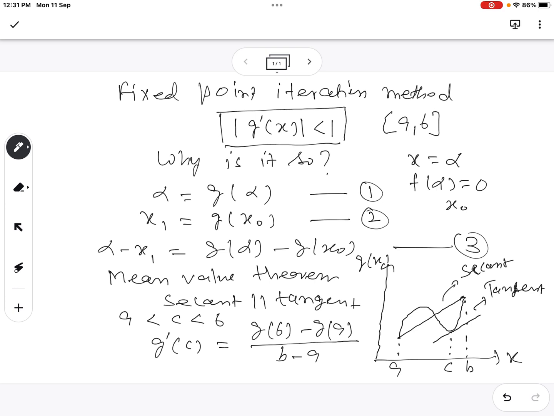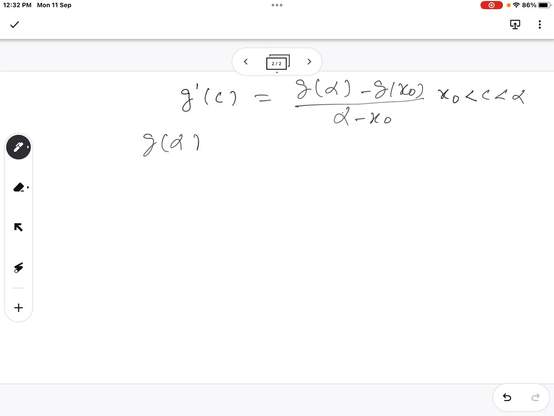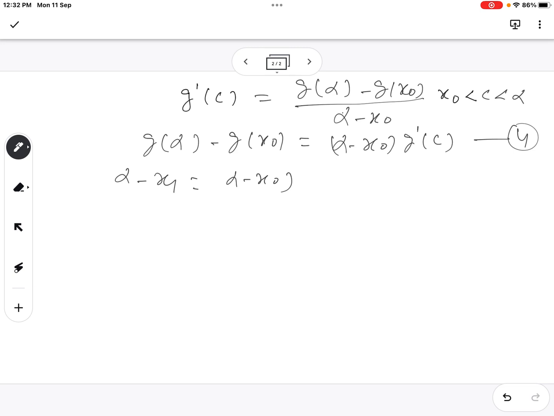Invoking this, I can write that if there is a point c in between x0 and alpha, then g at alpha minus g at x0 by alpha minus x0, or g at alpha minus g at x0, is equal to alpha minus x0 into g prime at c. This is equation number 4, and if I substitute this in equation number 3, I get alpha minus x1 equal to alpha minus x0 into g prime at c.